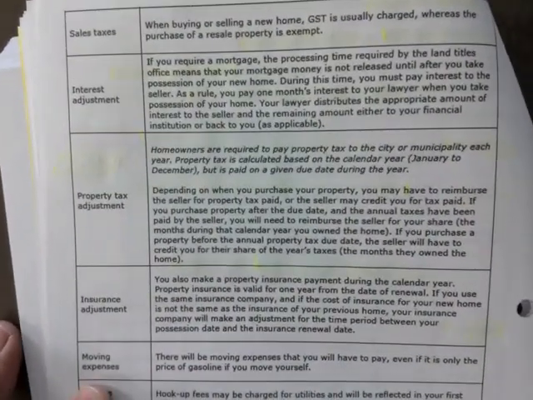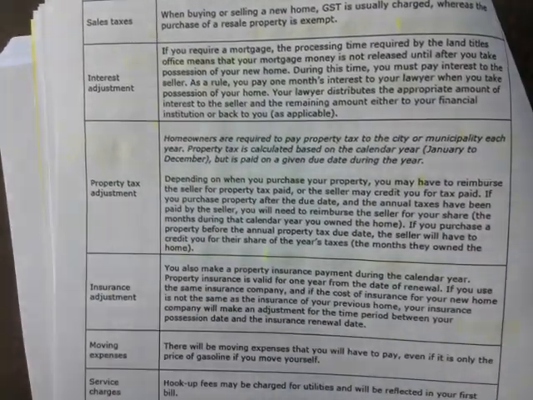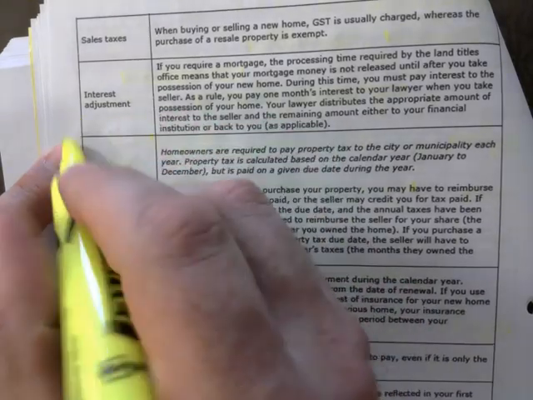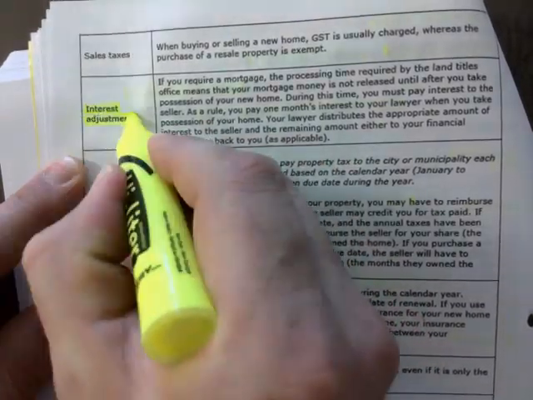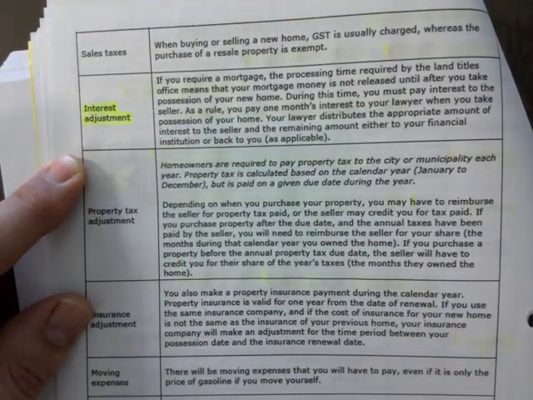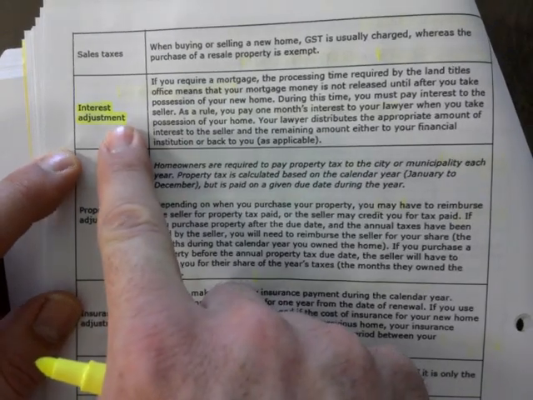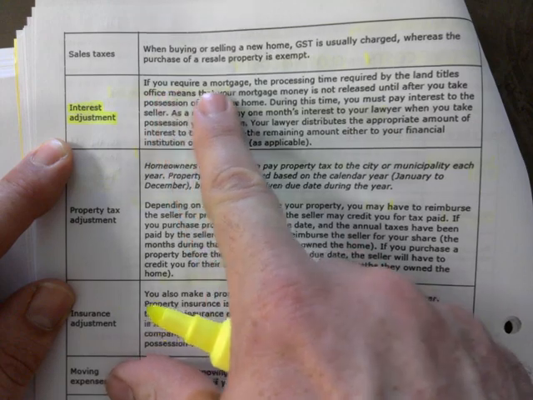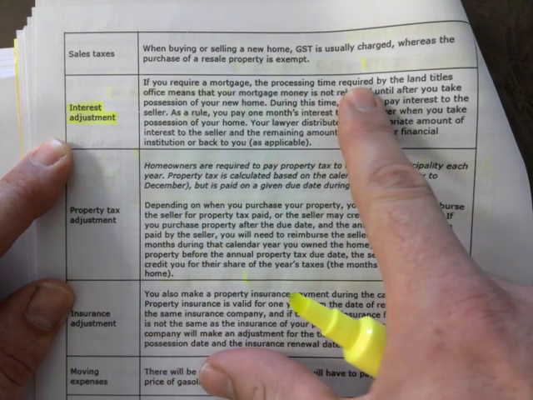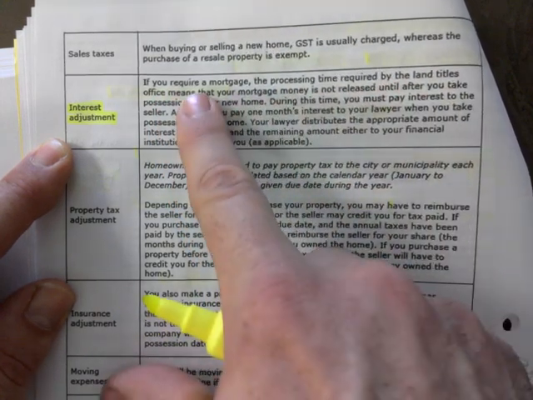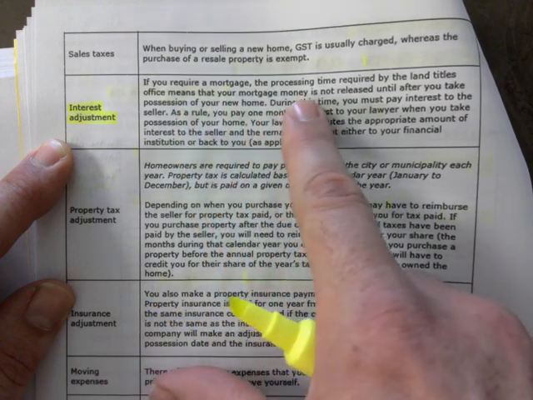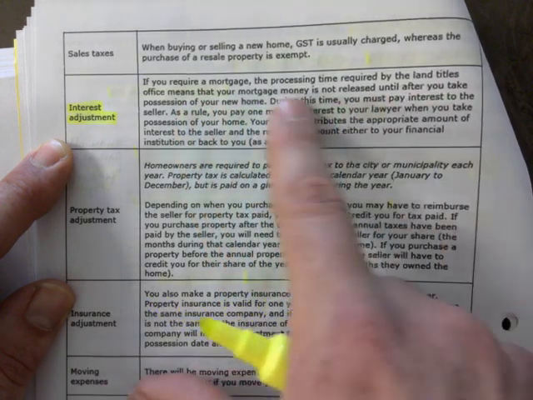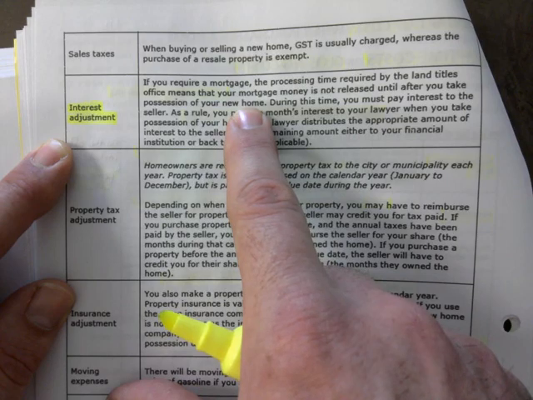Page 19. I'm just going to do this one, page 19 here, and then we're moving on. Interest adjustment. What in the world is that? Let's read this carefully here. If you require a mortgage, the processing time required by the land titles office means that your mortgage money is not released until after you take possession of the new home.